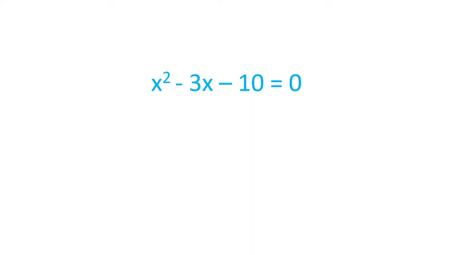So let's look at another example now. Again, we'll open up the brackets, make them equal to 0, pair of numbers which multiply to give minus 10. So we can write 10 and minus 1. We can write minus 10 and positive 1, 5 and minus 2, minus 5 and plus 2.